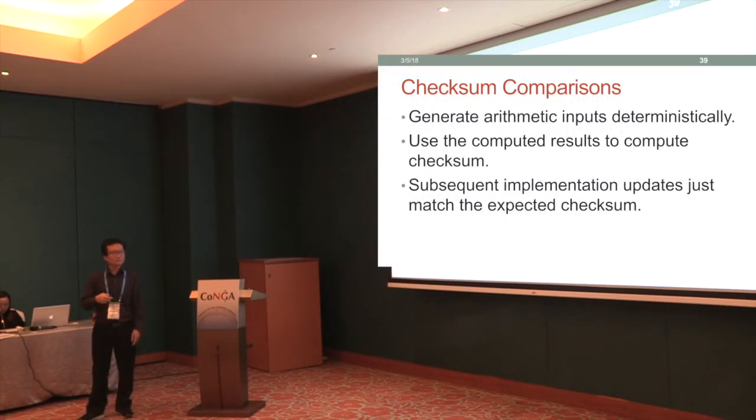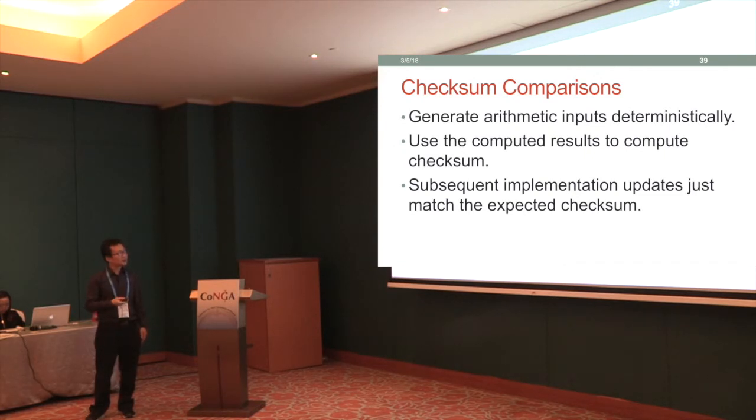As we do more and more tests, we have more optimized implementations. The previous methods may be deemed too slow to be productive. So in this case, we can use a reliable implementation and generate the arithmetic input deterministically.